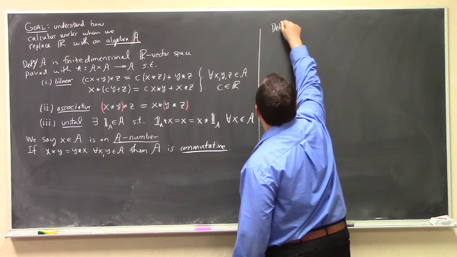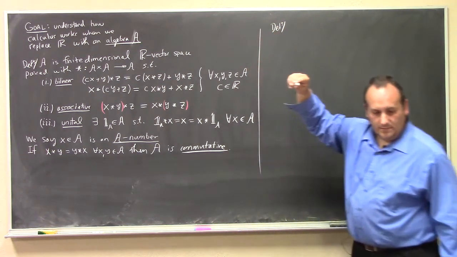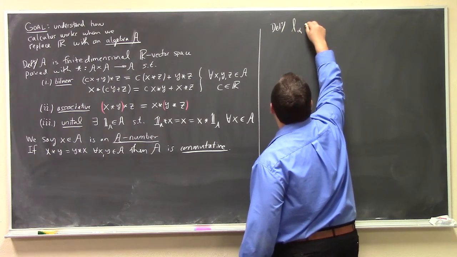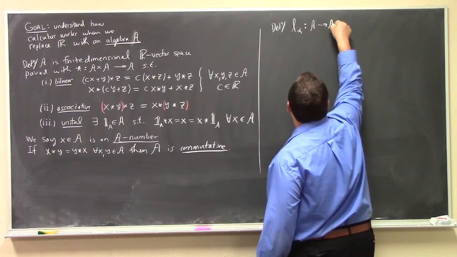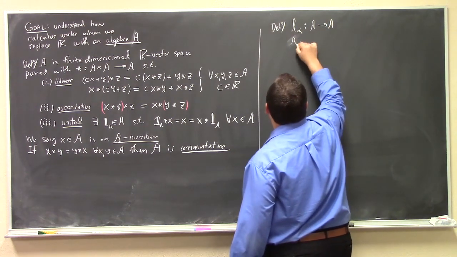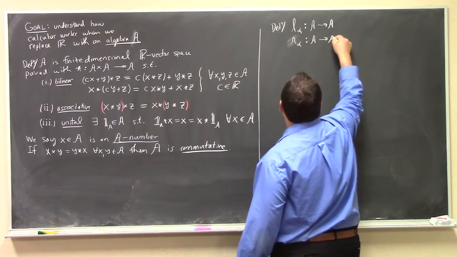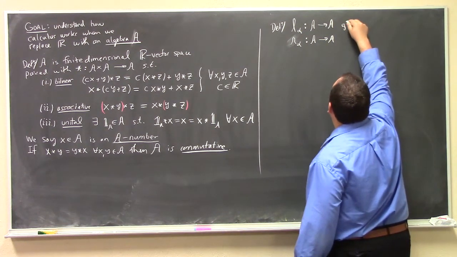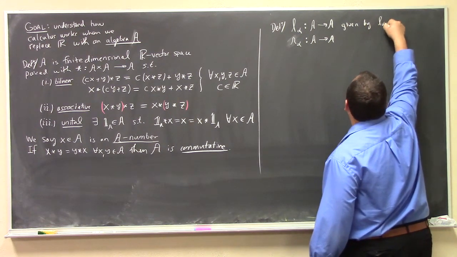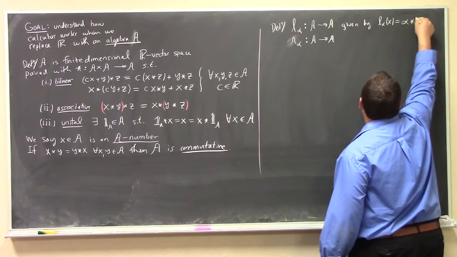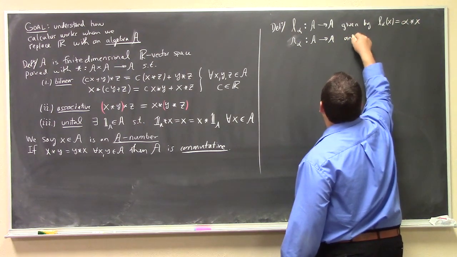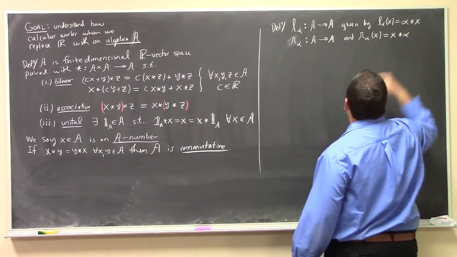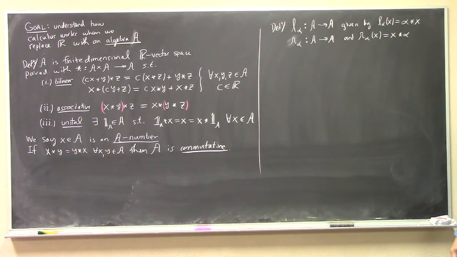Definition: left multiplication by alpha is a mapping from A to A, and right multiplication by alpha is a mapping from A to A. Left multiplication is just what it sounds like: L alpha of x is alpha star x, and likewise right multiplication by alpha of x is x times alpha. These are the left and right multiplication maps.